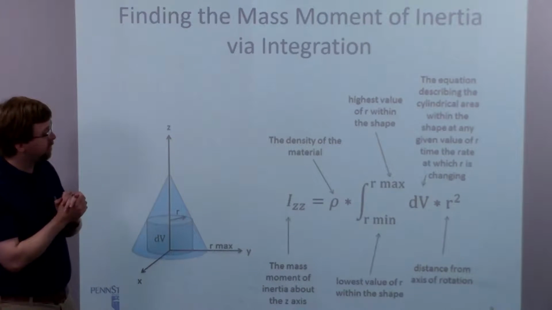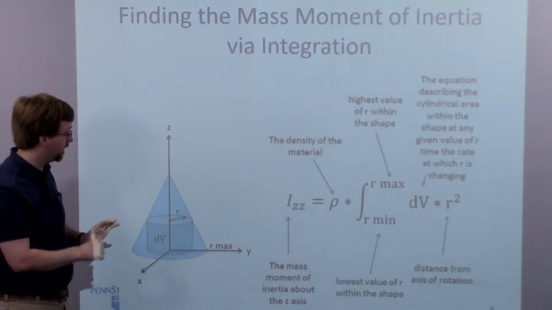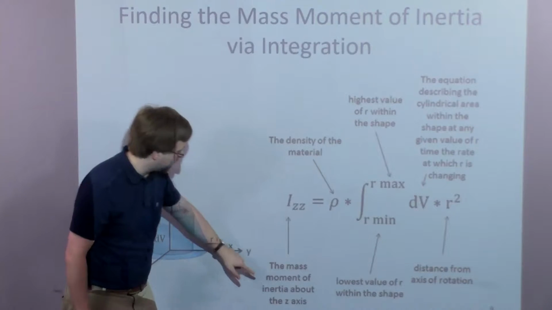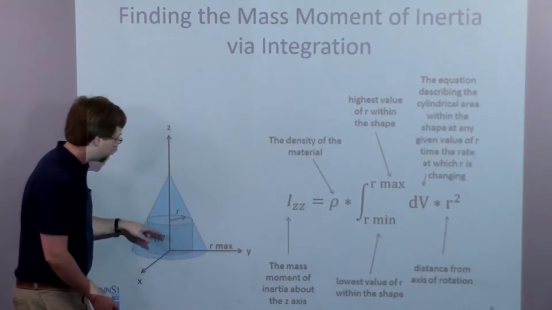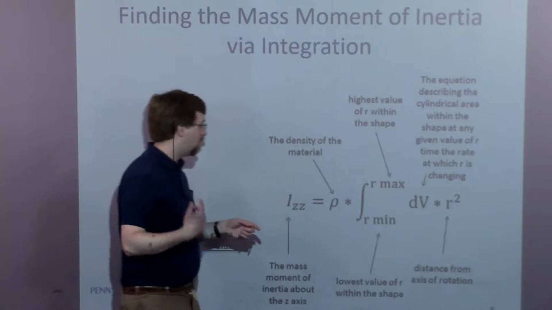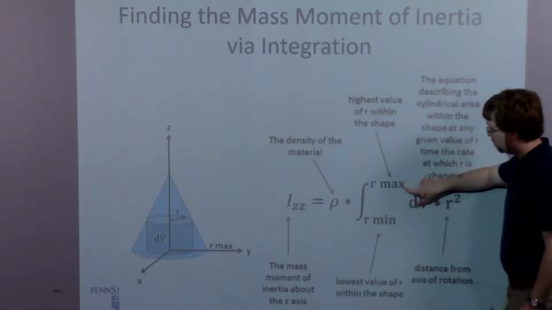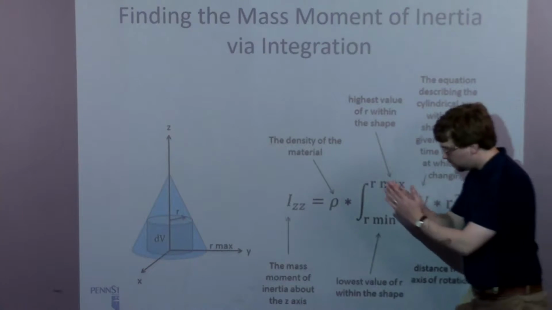All right, so if we go fully into this, we have our overall moment integral equation. The mass moment of inertia about, in this case, I chose the z-axis for this cone, is going to be the density of the material times the integral from some lowest value of r to some maximum value of r.